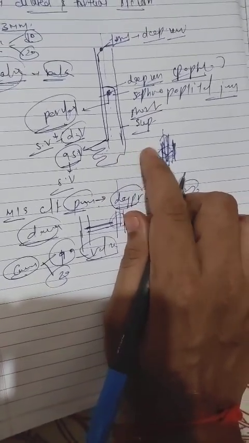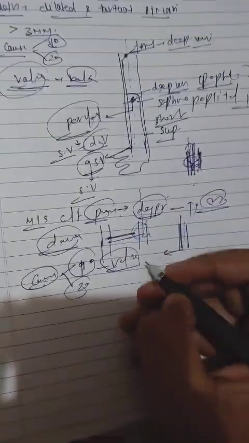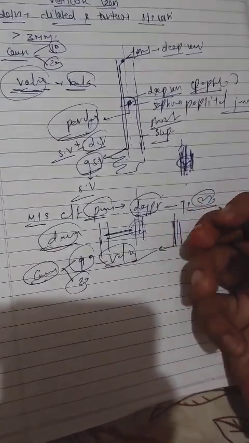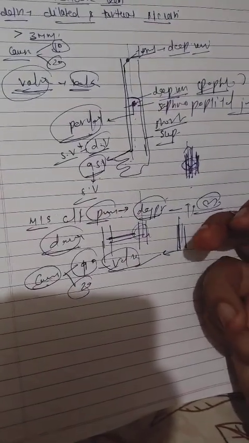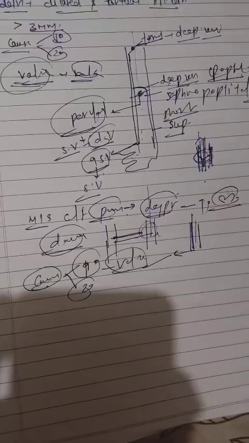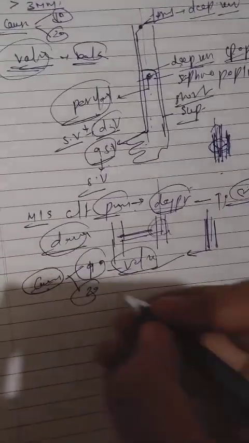So they become dilated and tortuous. The first cause is wall incompetence, that is the main cause of varicose vein.